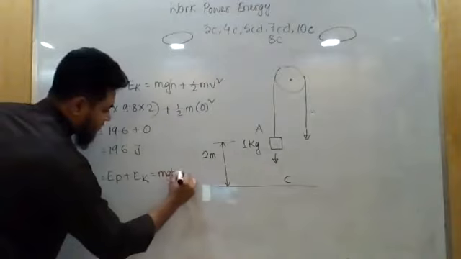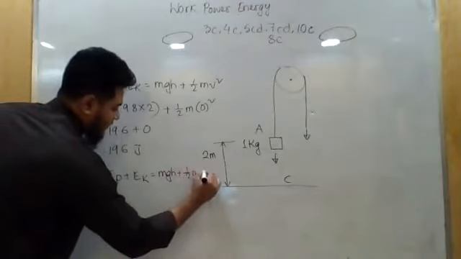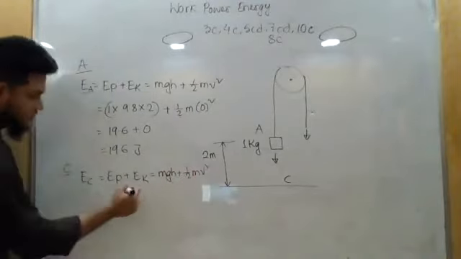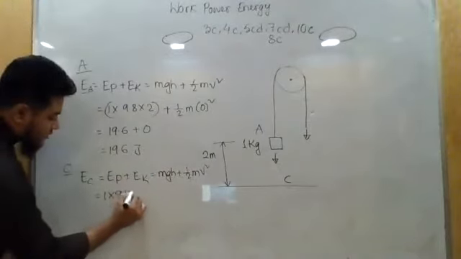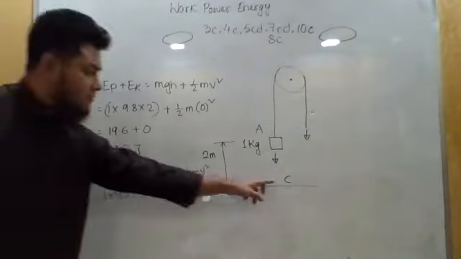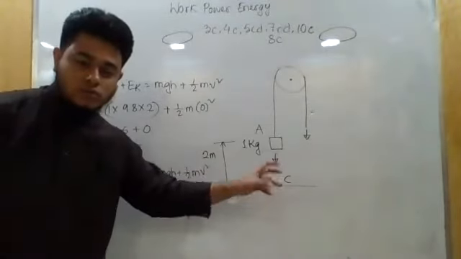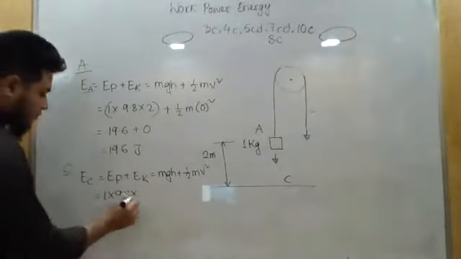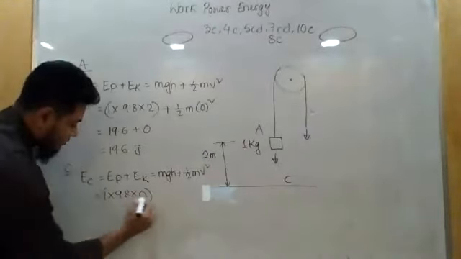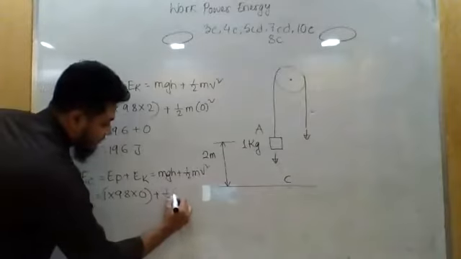That will be mgh plus half m v square. Now in mgh, m is 1, g is 9.8, and point C is on the ground. So what is the height from the ground? 0, right? So we put the height as 0 here.